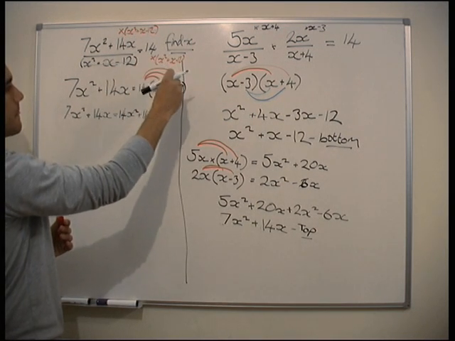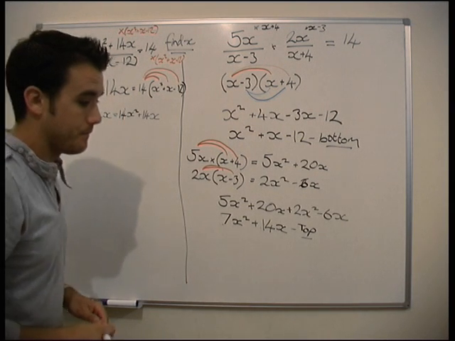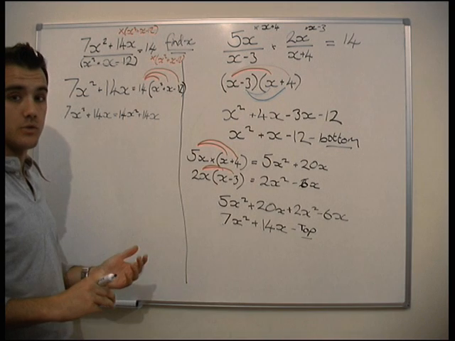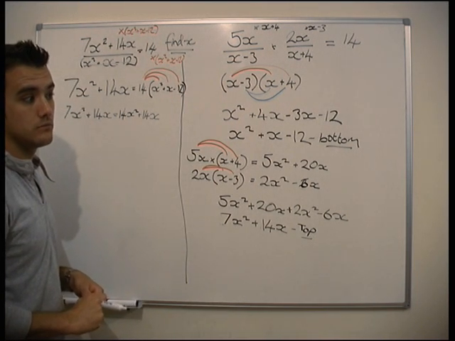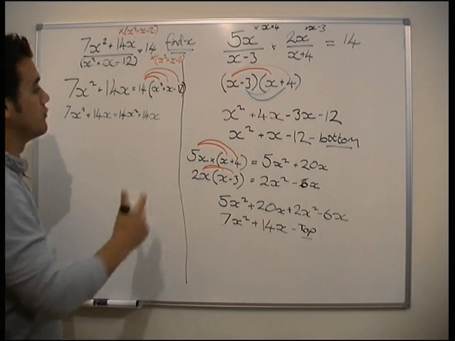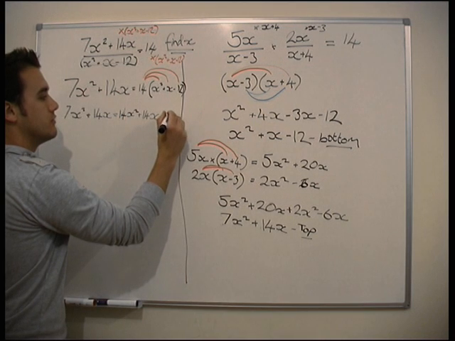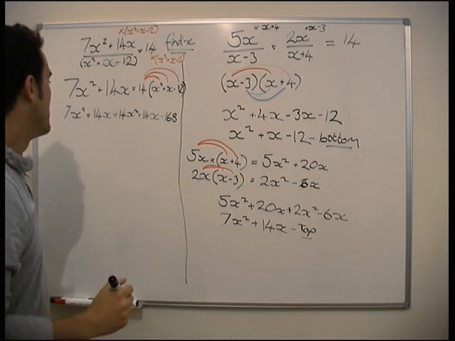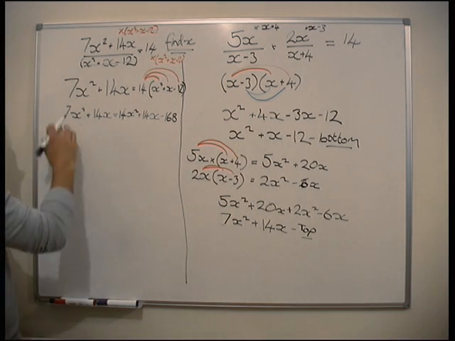Now 14 times minus 12. Well, 12 times 12 is 144, so 144 plus 24 is going to give us 168, minus 168. Minus 12, remember.